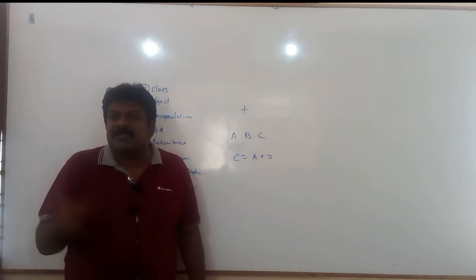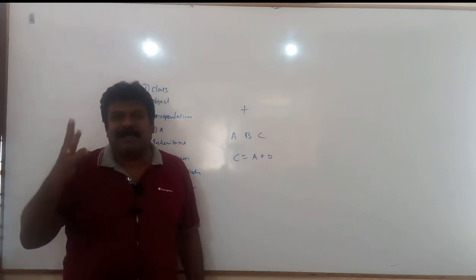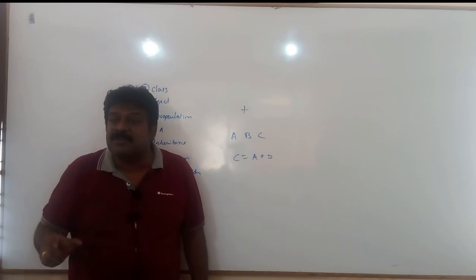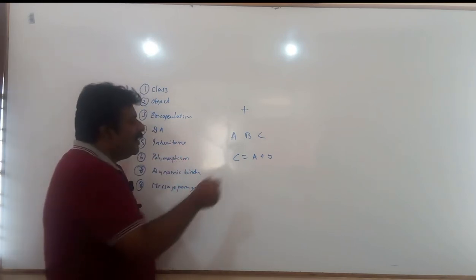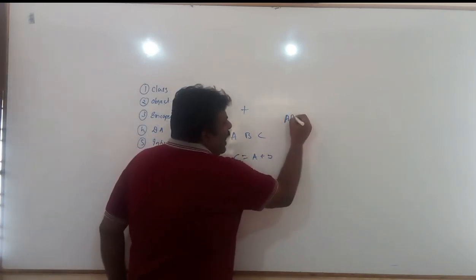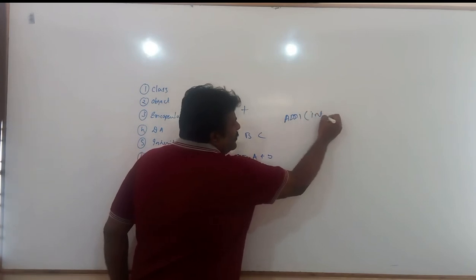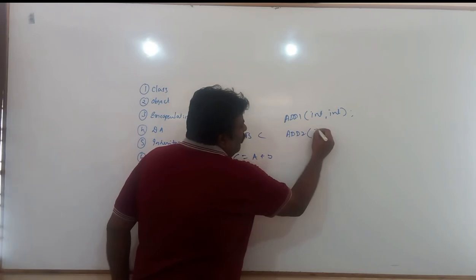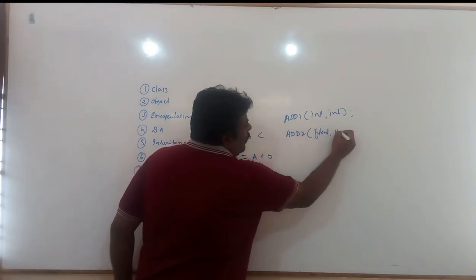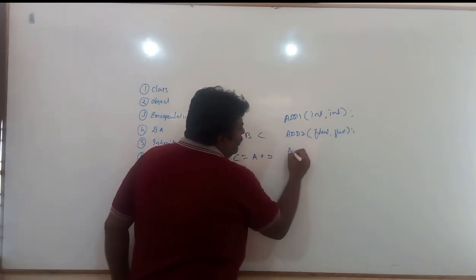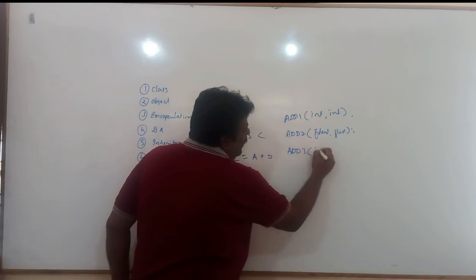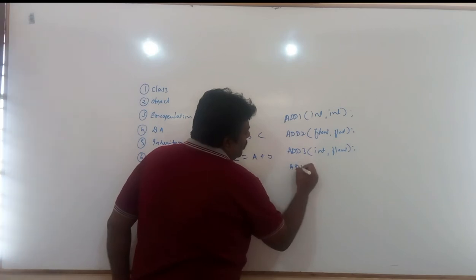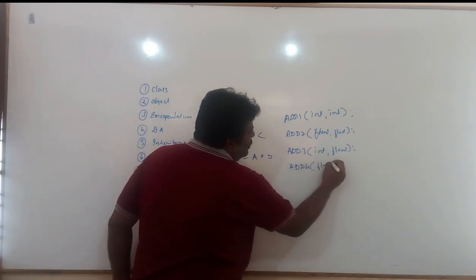Instead of that, C++ gave one more opportunity in which we can give the same name for multiple functions. Understood? Now see, previously we used to give add1 for int and int, add2 for float and float, add3 for int and float, add4 for float and int.